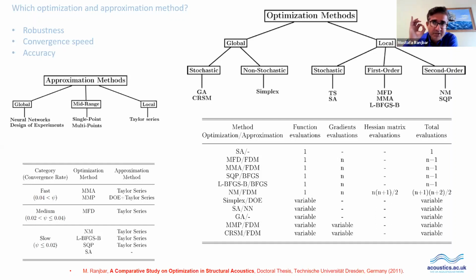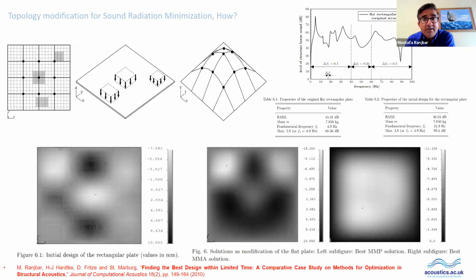Therefore, you are guaranteed to find an optimum at each iteration. We had some categorization regarding the speed of the optimization. It is important because in structural acoustics the calculation is quite time consuming.